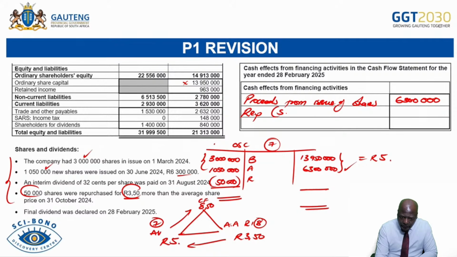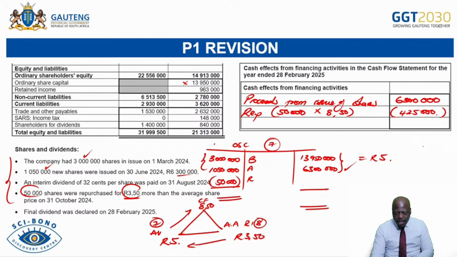I'm going to say the 50,000 shares, and I multiply that by my 8.50 rand. And then you're going to end up now with an outflow of 425,000.